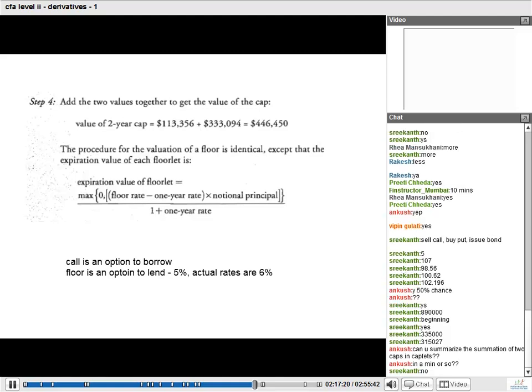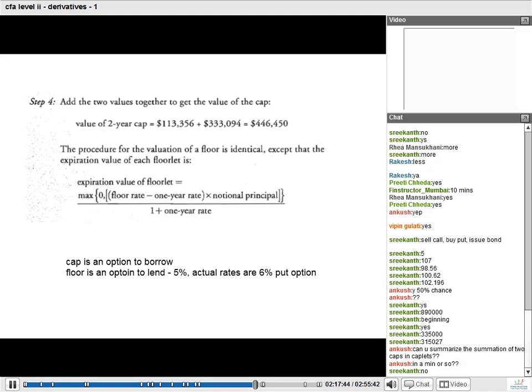No, I won't, because I can lend in the market at 6%. So floor is like a put option and a cap is like a call option. A cap is an option to borrow.